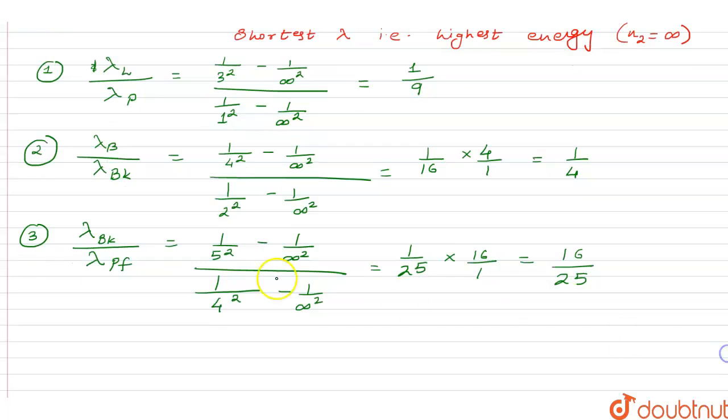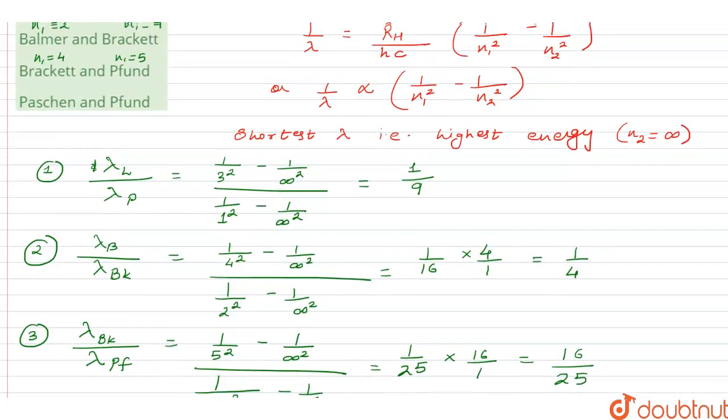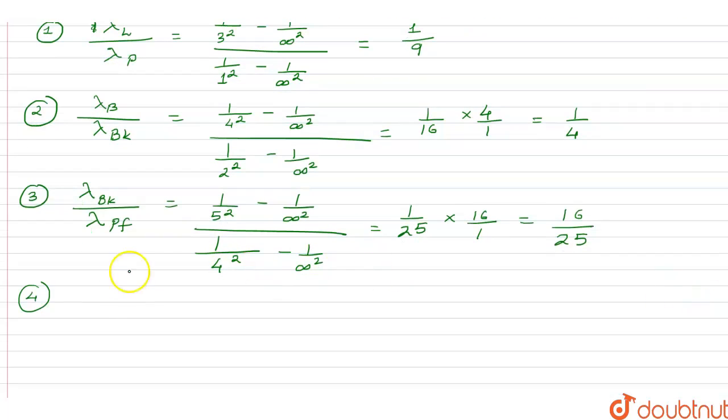And now comes the last one. The last one is going to be Paschen and Pfund. So Paschen is P and Pfund is going to be PF. Now for Paschen, what is the n1 value, guys? Of course, the n1 value is going to be 3, and for Pfund, it is going to be 5.